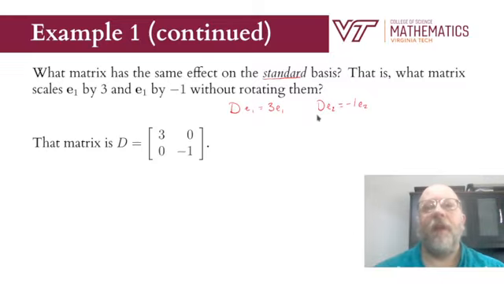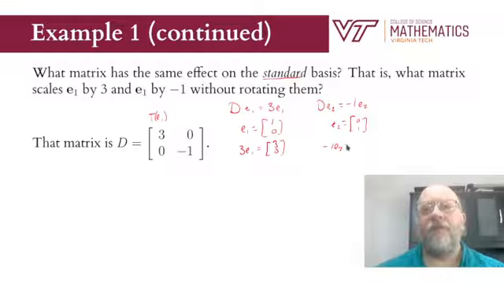What matrix does this to the standard basis? Well, E1 is 1, 0, 1 unit in the x direction, 3 times E1 would be 3, 0, and that would be the transformed version of E1. And E2 is 0, 1, and negative 1 times E2 is 0, negative 1. And that's the transformed version of E2.